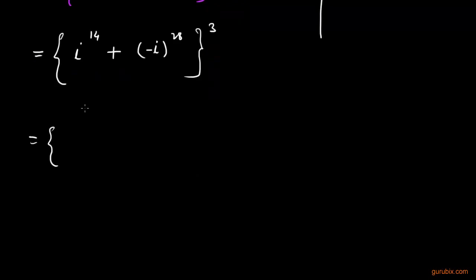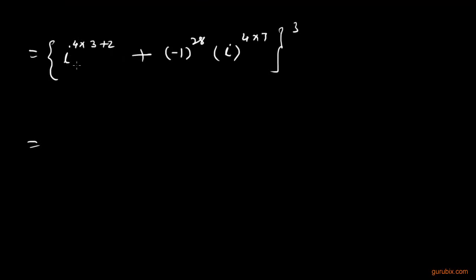And we know that we can write this iota raised to 14 power like this: iota raised to the 4 into 3 plus 2, and we can write it as negative 1 raised to 28th power and iota raised to 4 into 7, and this whole value raised to the third power. So this value is iota raised to the fourth power, and this whole value raised to the third power into iota square.